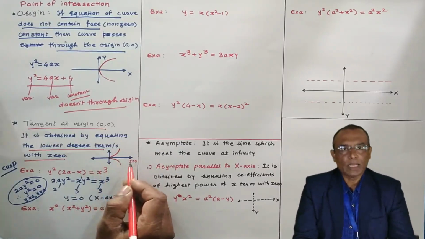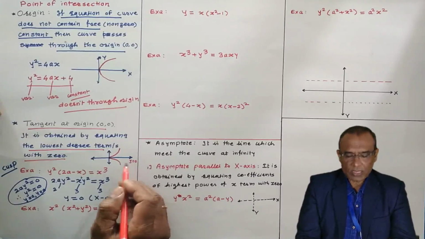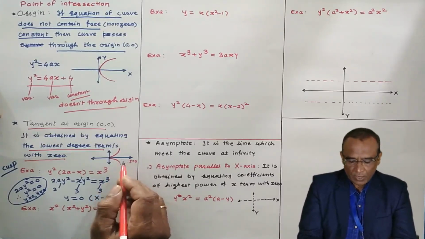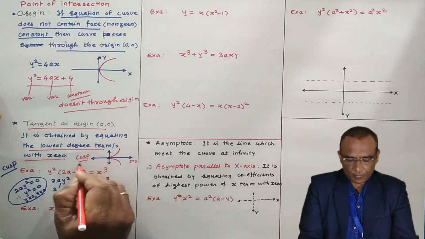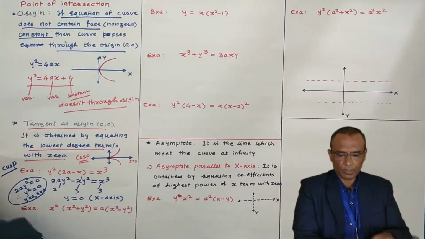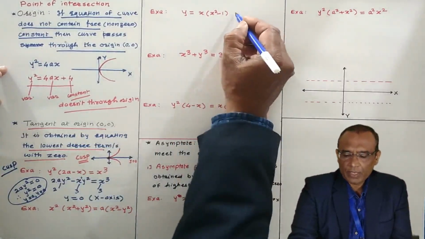Means we have two tangents, but they are the same. These two tangents are overlapped, you can say. So this point is the cusp point.